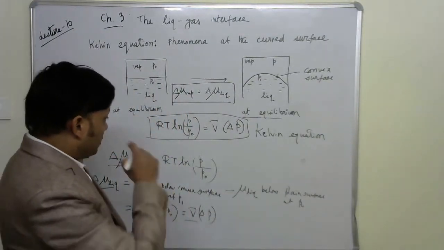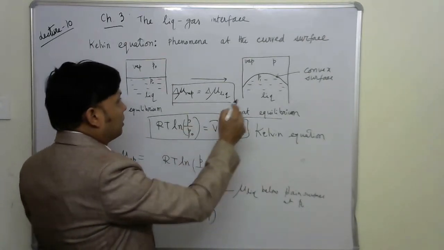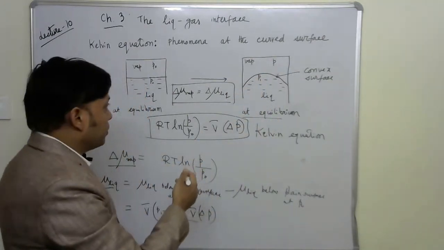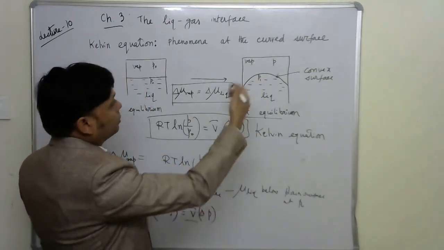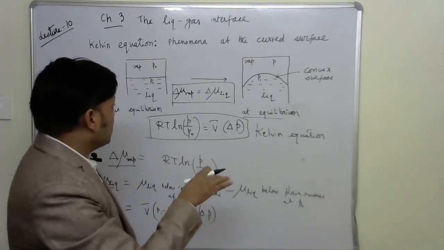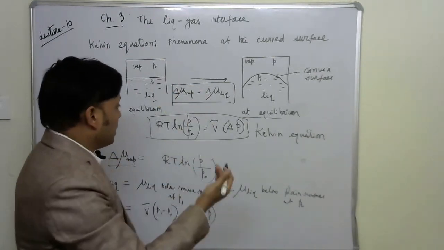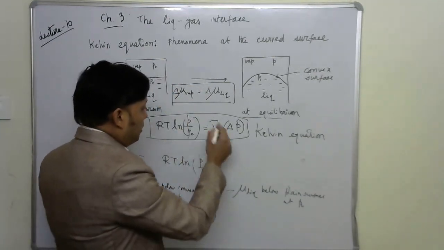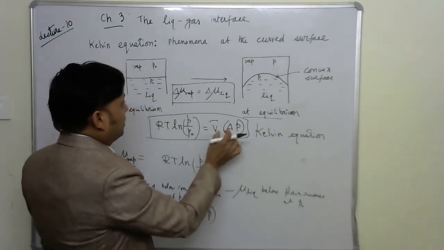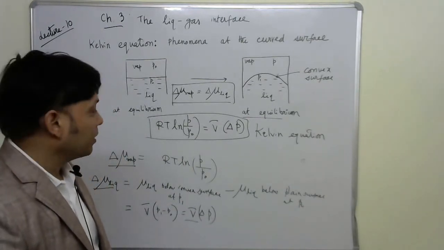Once again, P is the vapor pressure above the curved surface, because we have made it a convex surface, and P0 is the vapor pressure above the plane surface, is equal to the molar volume of the liquid multiplied by delta P. So this delta P is the pressure difference between the curved and plane surface.